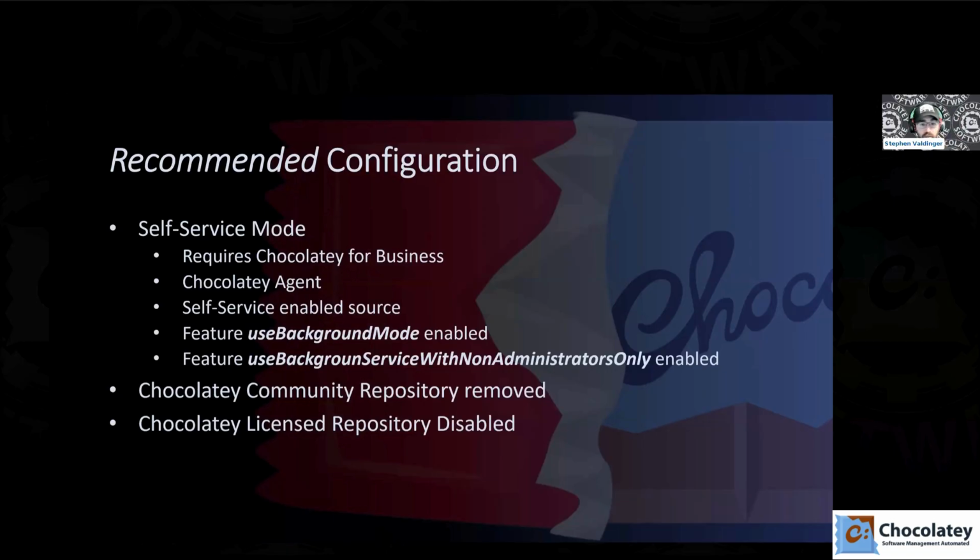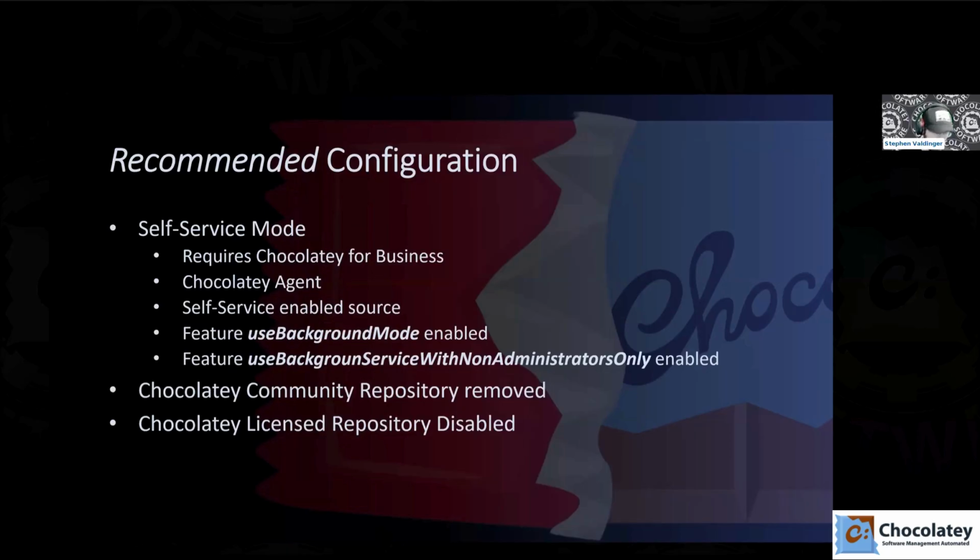You should have the use background mode feature enabled. And then you should also, and this is kind of optional, you can do what you want here, use background service with non-administrators only. I have a typo in this slide, I just noticed. You should use that feature, and then any non-administrative user who issues a choco install command will use the background service.